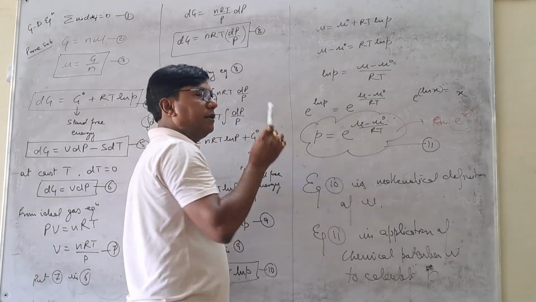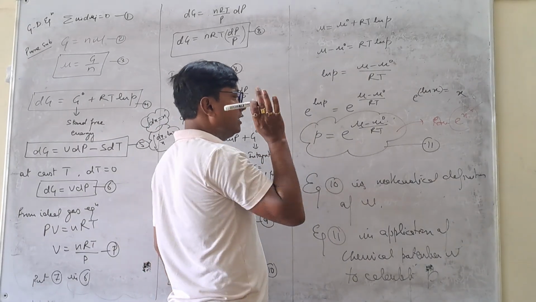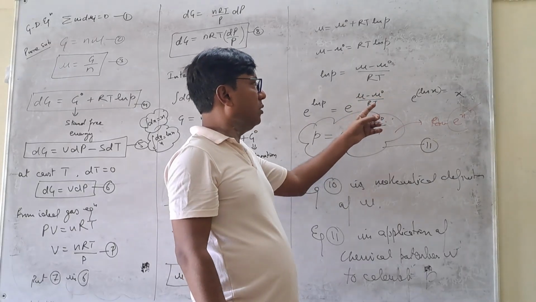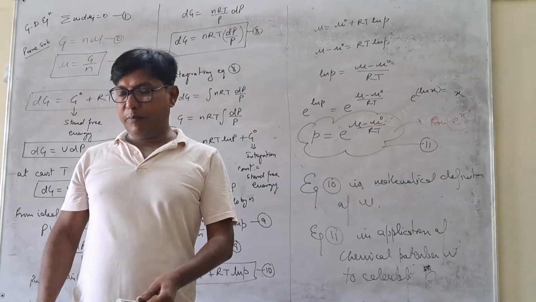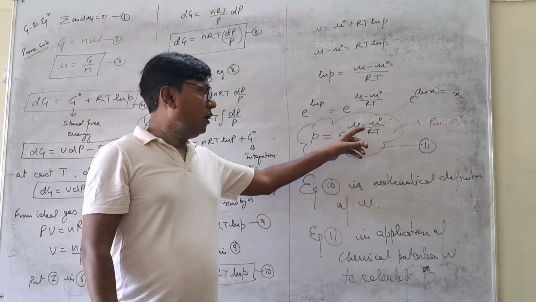The e and ln will cancel each other, therefore giving only P on the left hand side, and e to the power of mu minus mu naught upon RT on the right hand side. Equation 11 gives you the direct application of chemical potential to calculate pressure in terms of chemical potential.